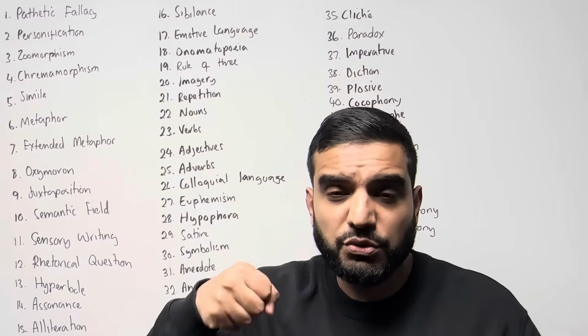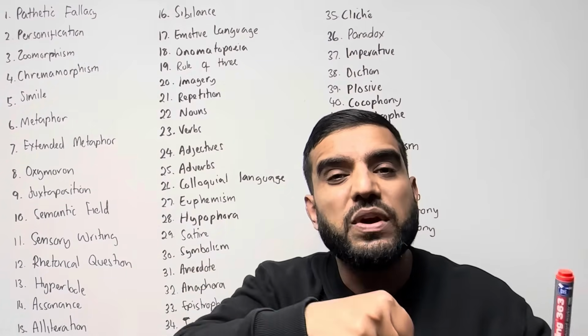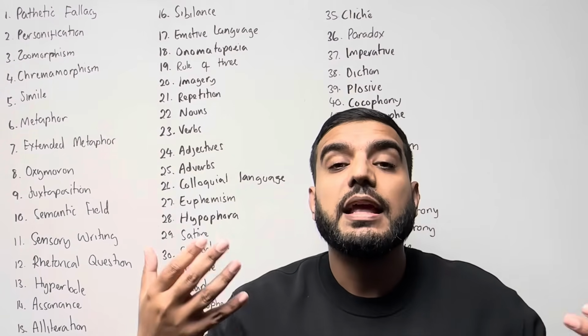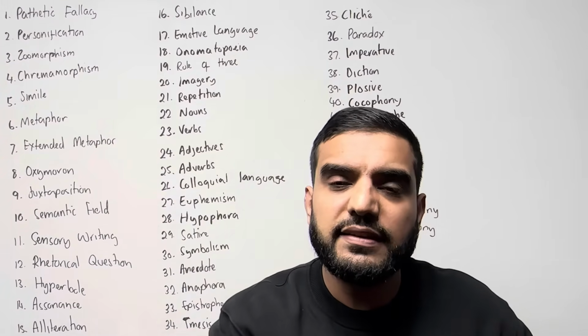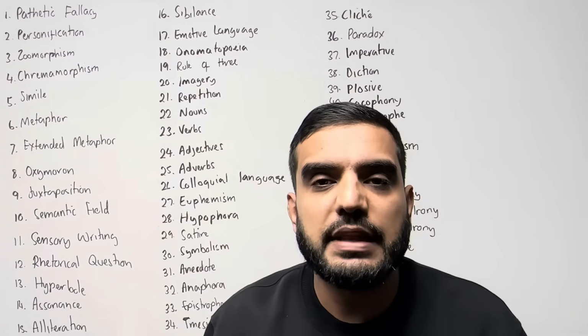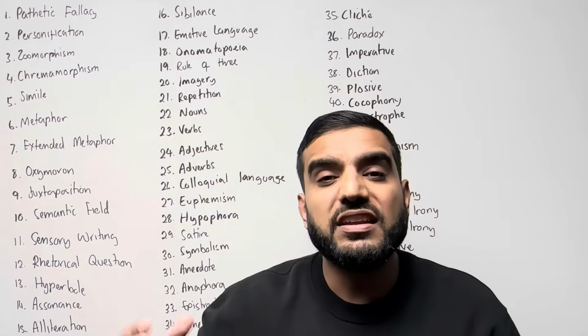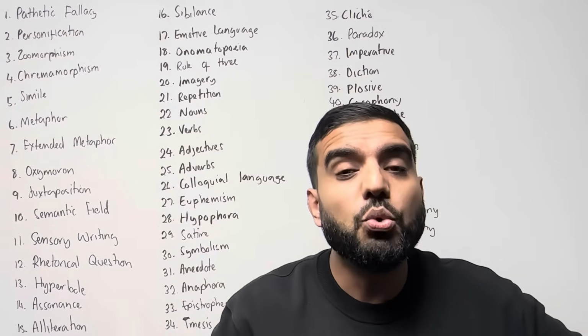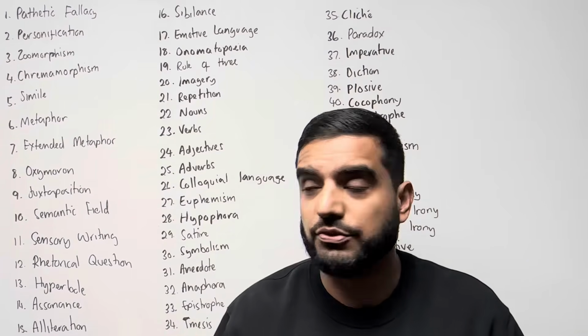Remember guys, a metaphor is comparing two nouns without like or as. So you remove the like and the as. An easy way is put in the word is. So John is a cheetah. Let's keep with the same character John, guys. John is a devil. John is a giant. All these are examples of metaphors.